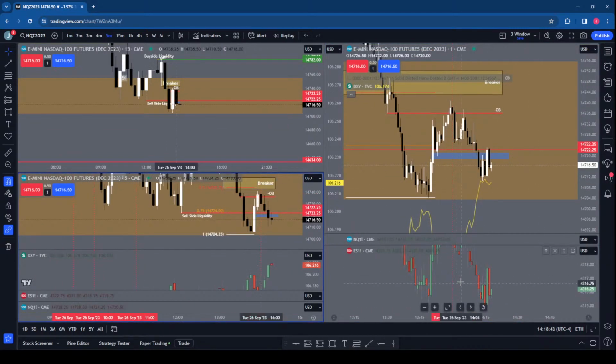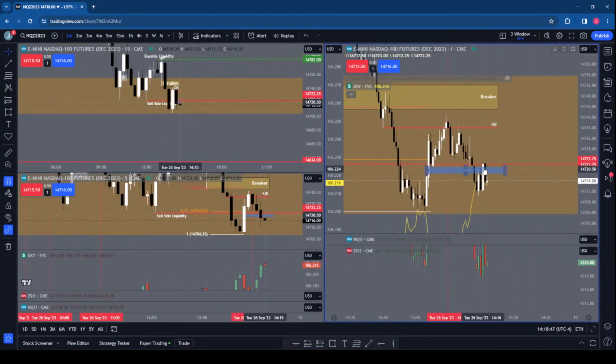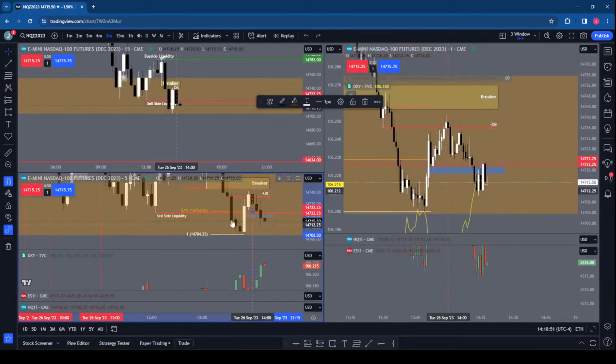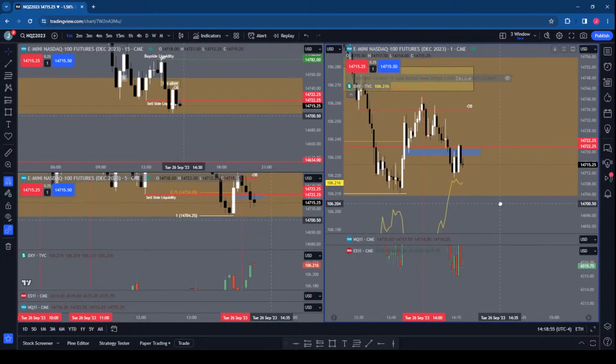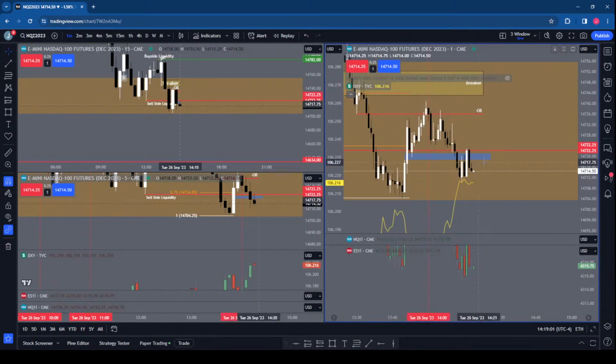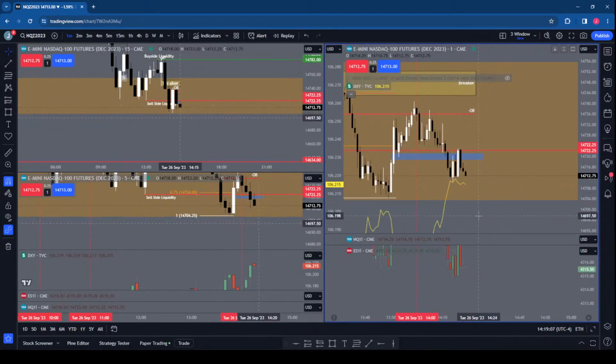Yeah, so it's with the SMT divergence on ES, the fact that it tapped it and didn't continue lower. It's also a fair value gap on this 5-minute. We could still see lower prices. I'm not going to get bullish until we take out this high, but I also don't want to get caught in any afternoon chop.